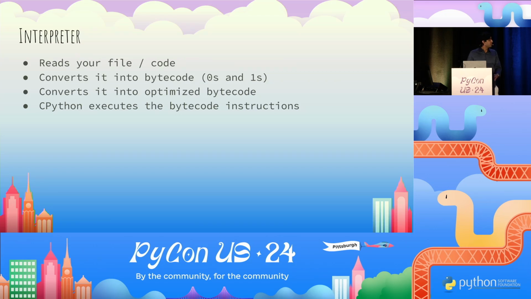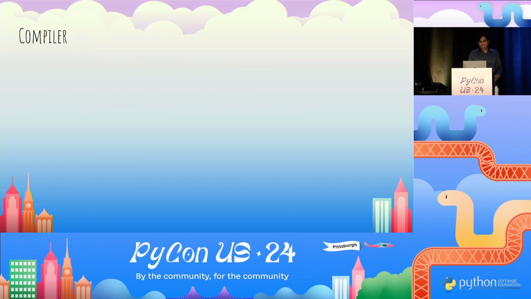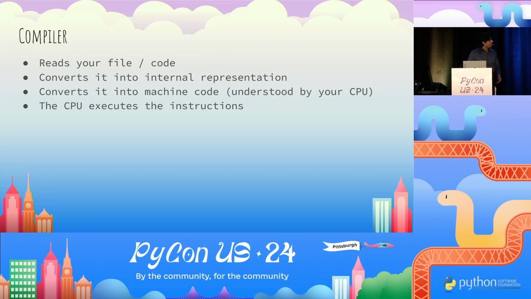And you might think that this sounds a lot like a compiler. A compiler reads your code. This is for all the other languages, C++ or, well, pick any, even Golang. It converts it into something called machine code. And your CPU runs the machine code, contrasted with what we just saw about CPython, where the CPython thing is running those bytecode instructions.